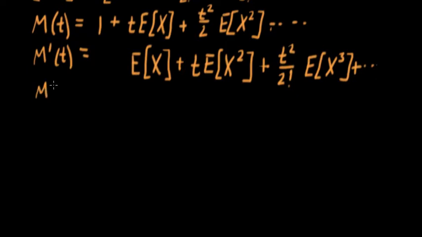Now, let's see if we can see any pattern coming up here. Take the second derivative. Well, this expected value is just a real number, so that would just disappear just like our 1 disappeared above it, and the derivative of this term is just, in fact, the second moment.